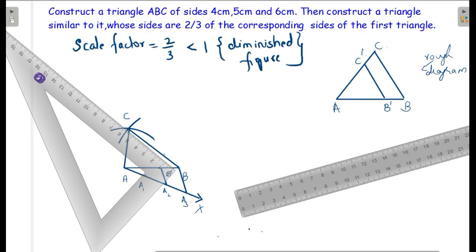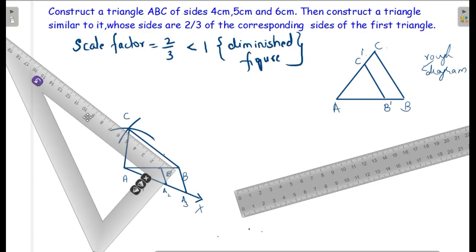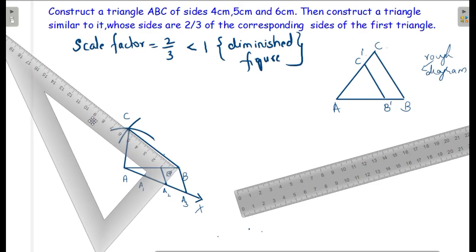Set it carefully parallel to BC. Now this is parallel to BC.